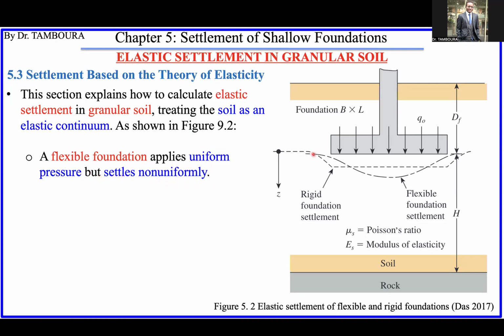As you can see, at the middle you have much higher settlement than at the edges. So it means if you push here, the footing itself will deform. Flexible means the footing can deform more easily than a rigid footing.